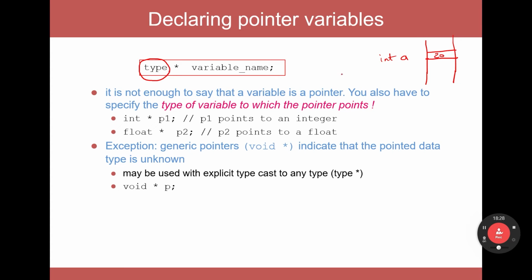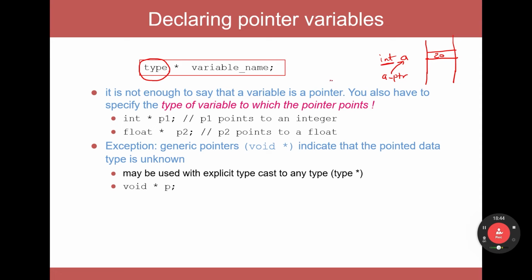Then I need to create a pointer, ptr for example, and I want this pointer to point to a. If I want it to point to a, that means the pointer must point to the integer data type.